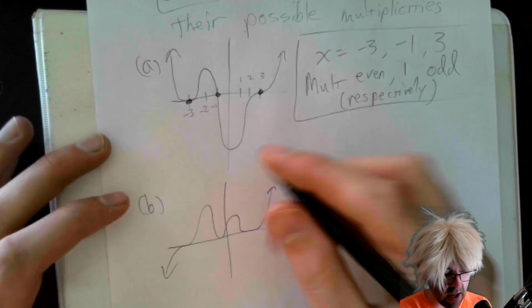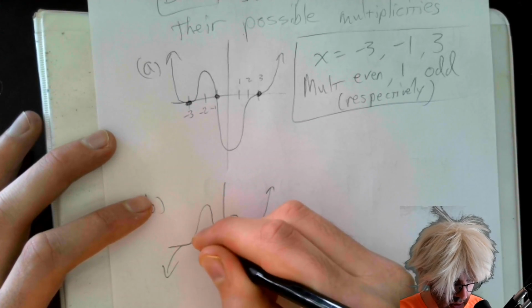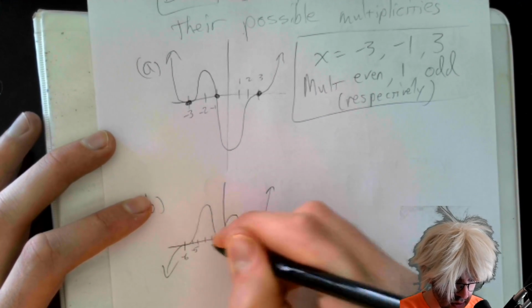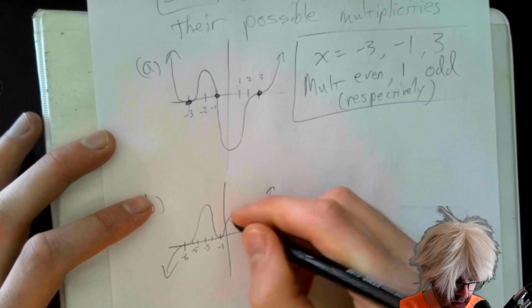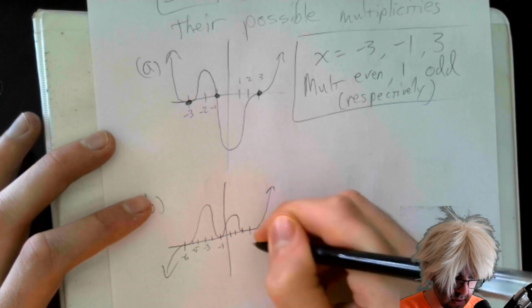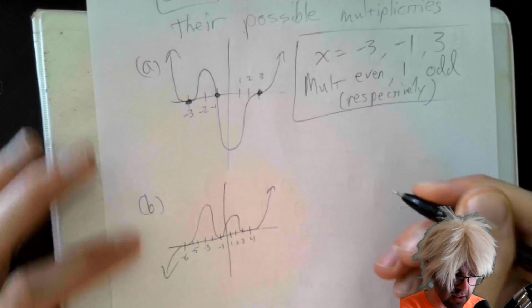And in this problem, we have 1, 2, 3, 4, 5, 6. We have 1, 2, 3, 4. Kind of hard to see.